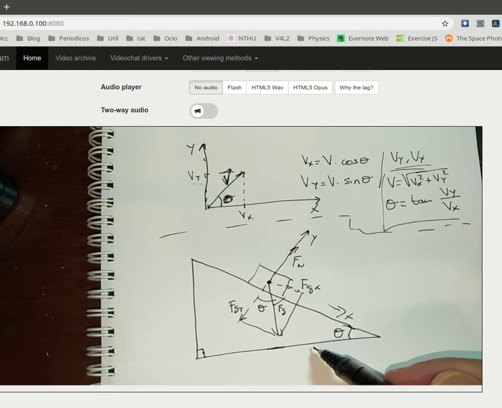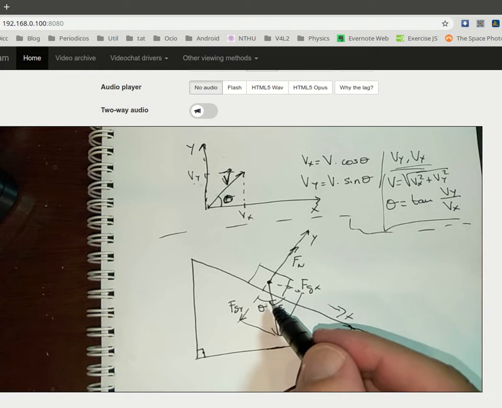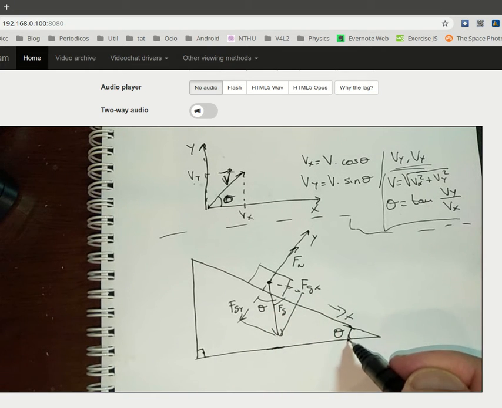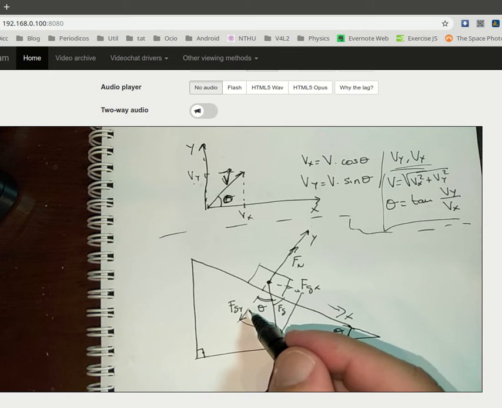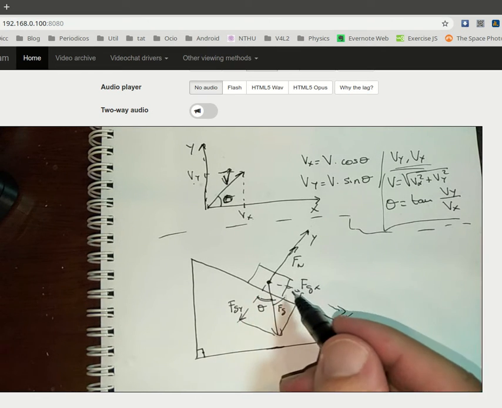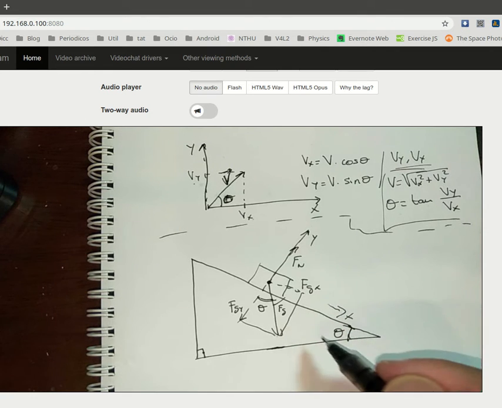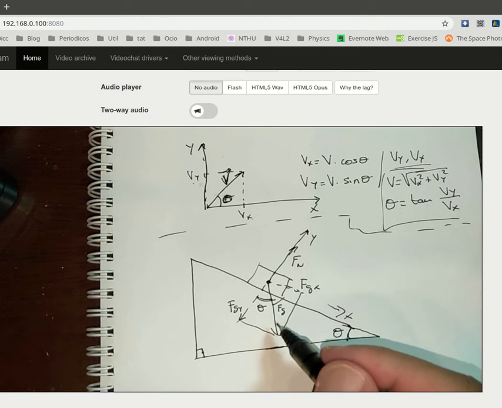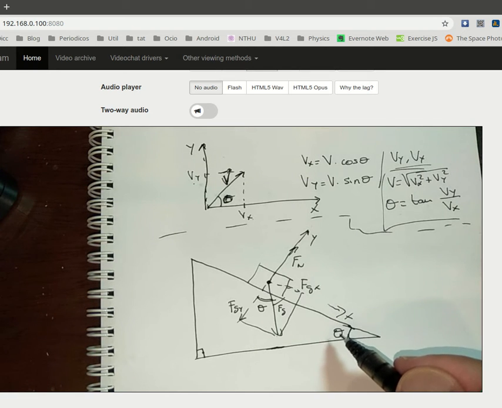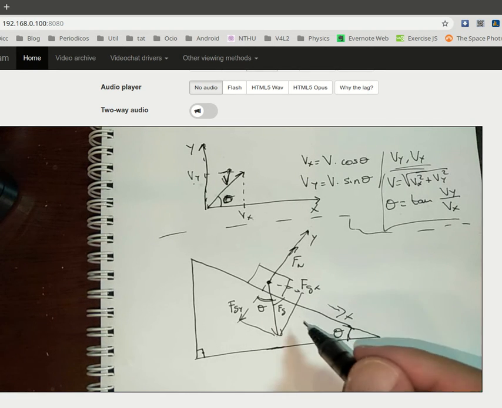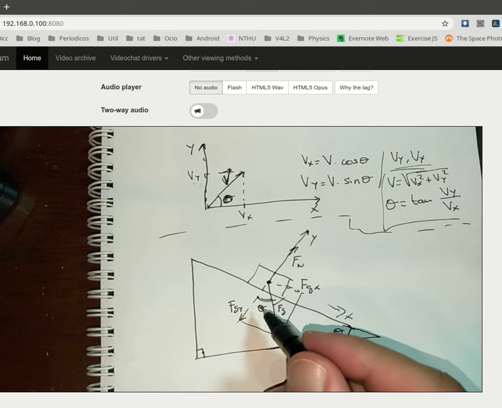What are those components? Well, you're going to have this angle, and this angle is the same as this, because this line is perpendicular to this one, and this one is perpendicular to the ground, and these two lines form this angle, so since they're perpendicular, they also form the same angle.